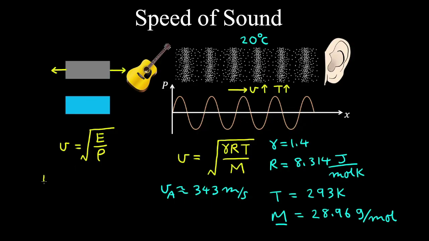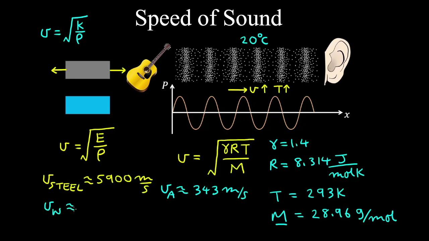So the speed of sound through steel is around 5900 meters per second. And for a liquid such as water, the speed of sound is equal to the square root of the bulk modulus on the density. So in water, the speed of sound is around 1480 meters per second.